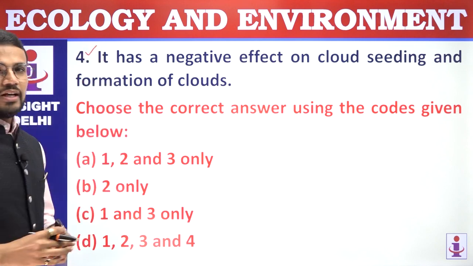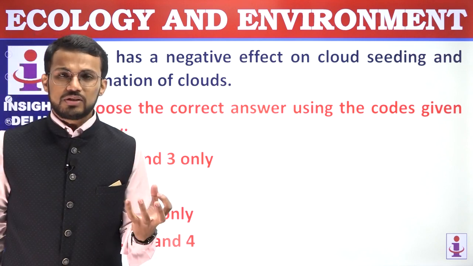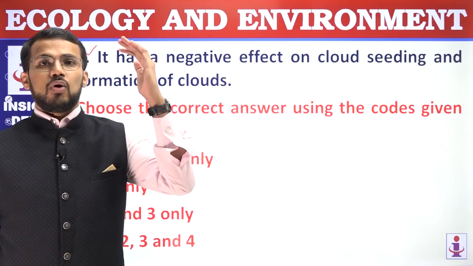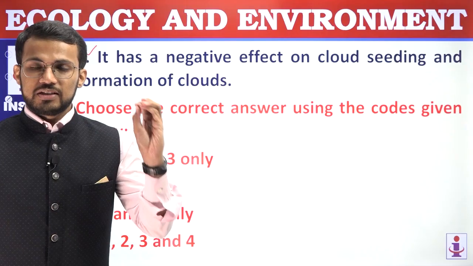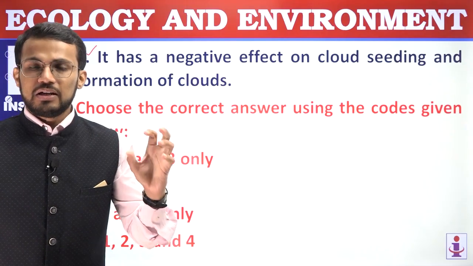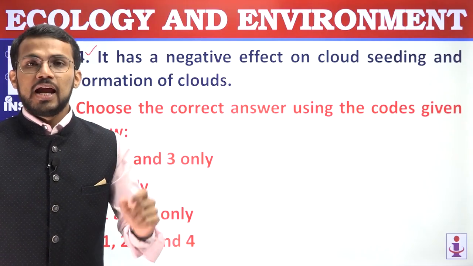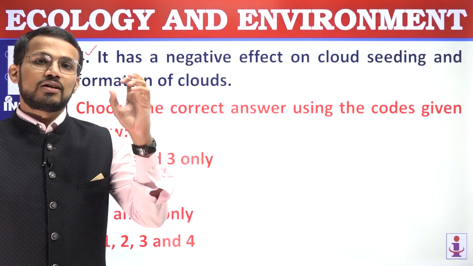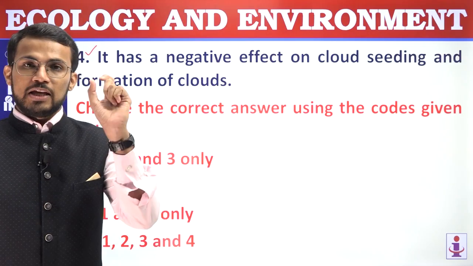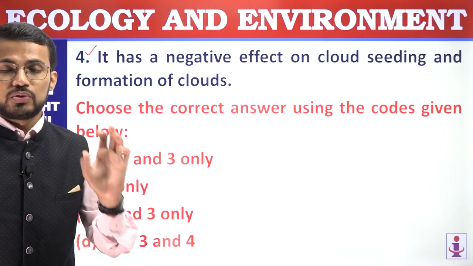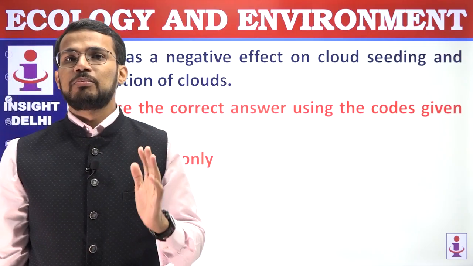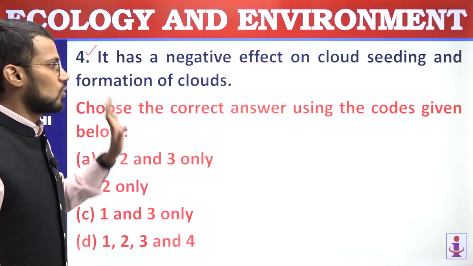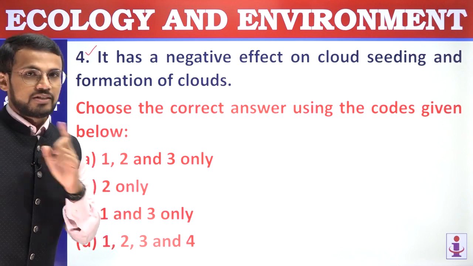Why? Because it is considered that oceans are an important source of sulfur for the atmosphere. The atmospheric sulfur primarily comes from the ocean, and due to acidification, this accumulation of sulfur in the atmosphere reduces, and if it reduces, that will have a negative impact on the formation of clouds, and that's why this is also one of the impacts of acidification.